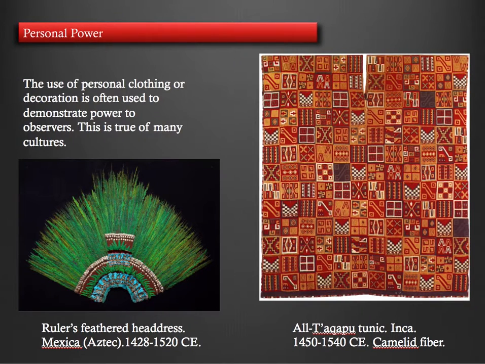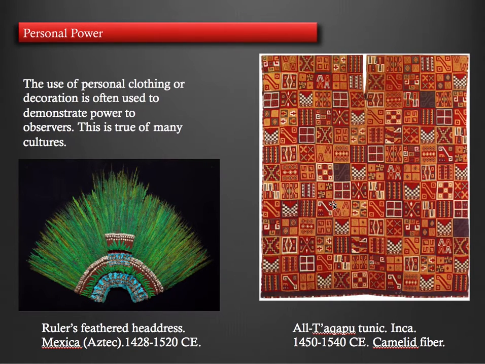These are two examples of power objects as well. This feathered headdress is said to possibly be Montezuma's headdress. It's a Maya or Aztec headdress. And then the capu, never can get that one out, tunic that we saw from the Incas in South America.